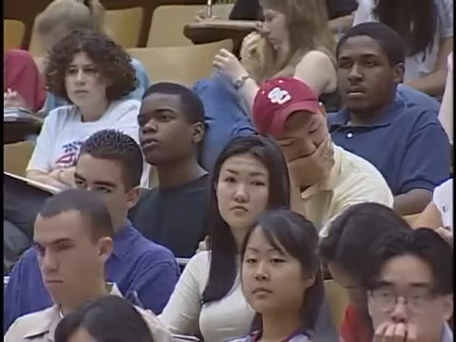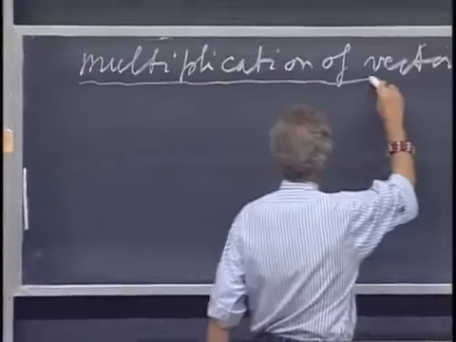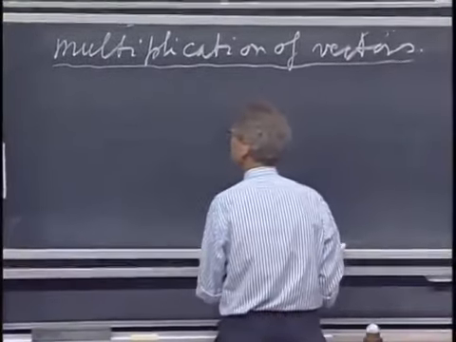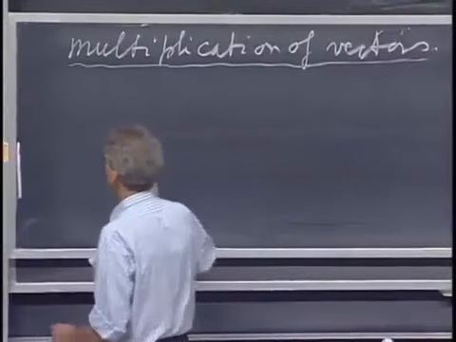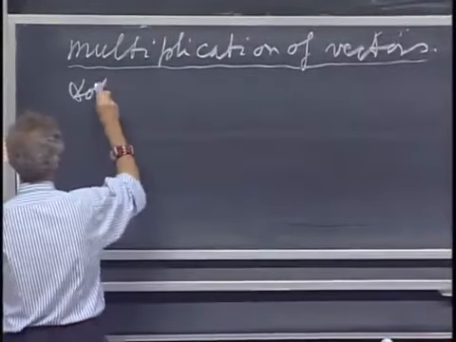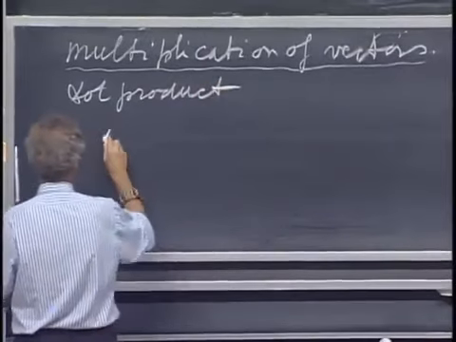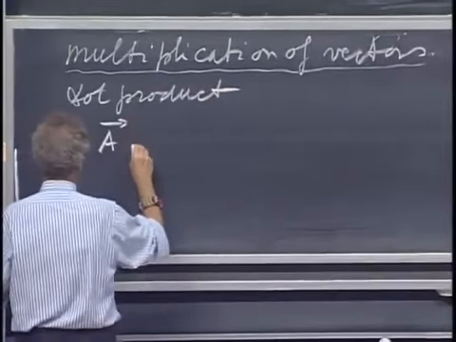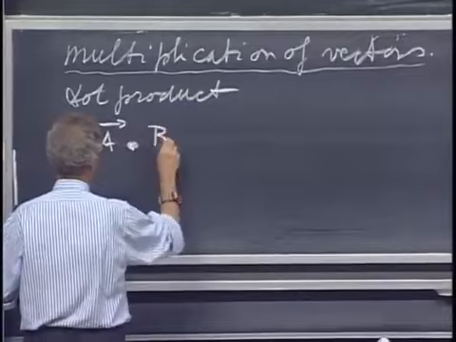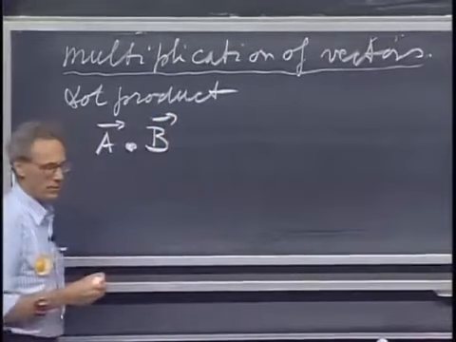So I'm going to talk about multiplication of vectors, something that will not come back until October and later in the course. There are 2 ways that we multiply vectors, and one is called the dot product, often also called the scalar product. A dot B, a fat dot.